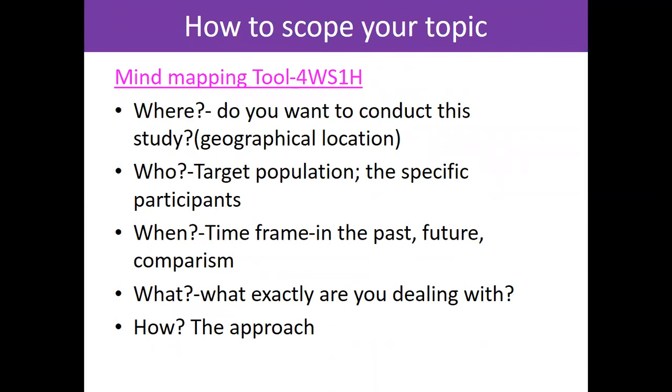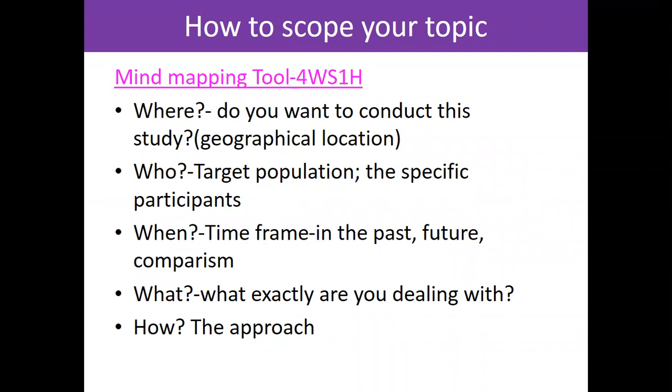Now, like I'm saying, you need to put your topic in a certain scope. One thing that can help do that is the mind mapping tool, the 4 W's and 1 H. What are these? You ask yourself the question, where? Where do you want to conduct the study?